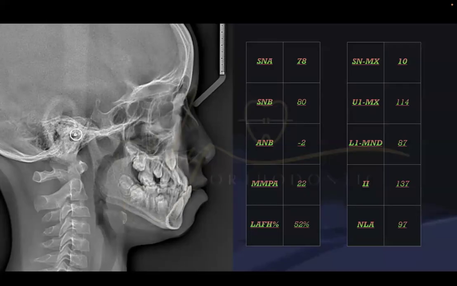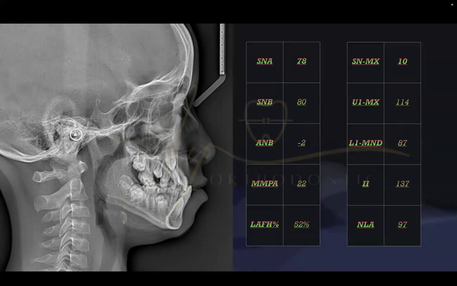Okay, what is the limit for camouflage in class 3 cases? If the IMPA is less than 85 degrees, yeah.